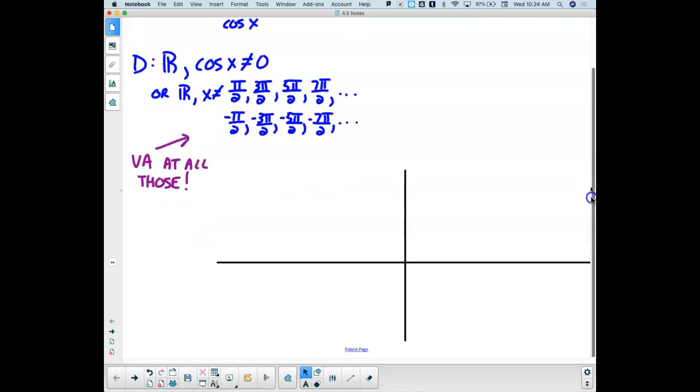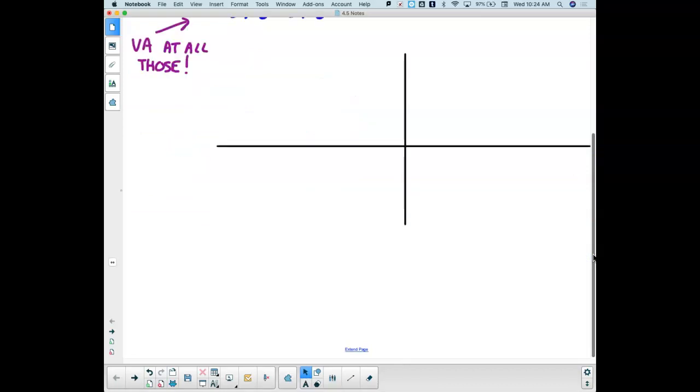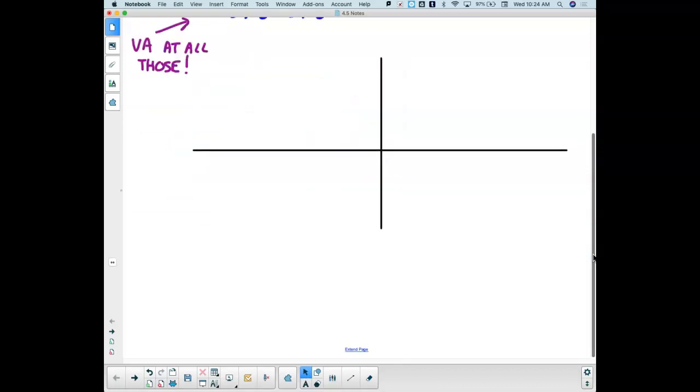So if I'm graphing this function now, I would first have to set up my horizontal scaling.